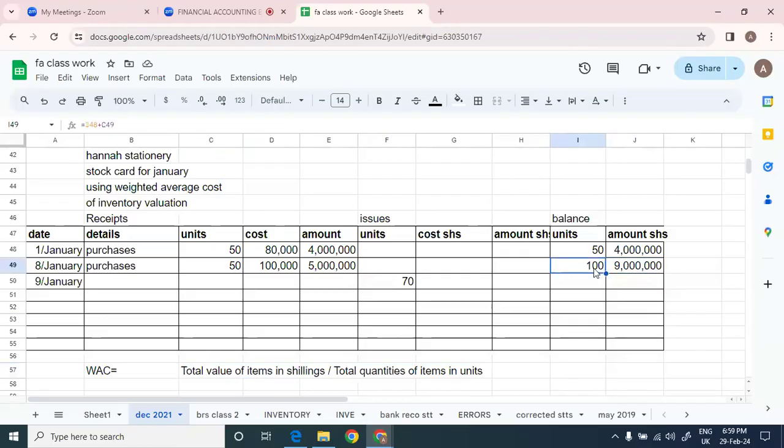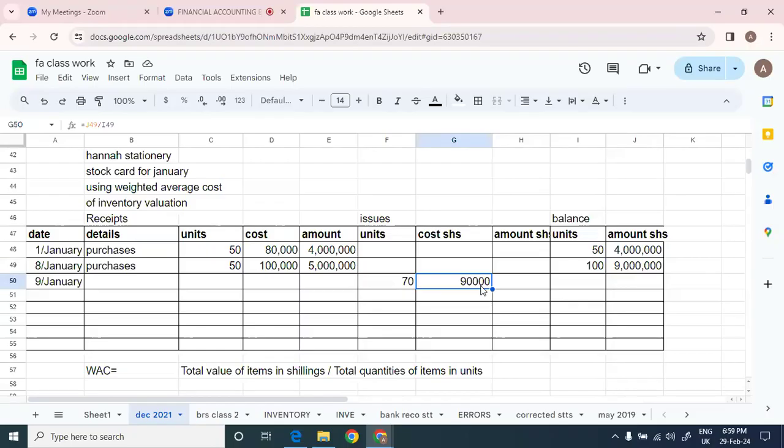Therefore, under the weighted average cost, if you want to get the issue cost per unit, I'm going to get my 9 million divided by 100. It means here my cost has been turned to 90,000. Are we together?